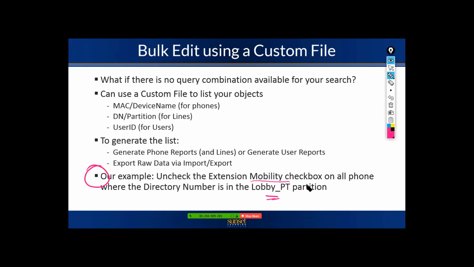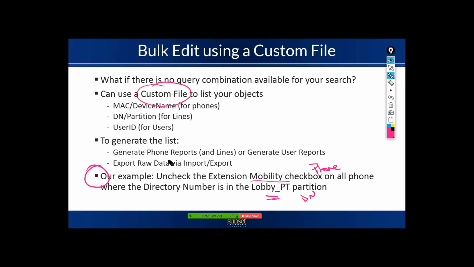What we're going to find is that this is a phone level item, but I need to do a search based on the DN, and there is no combination that allows me to find that. So how can I create a list of MAC addresses of objects that I want to change based on some other criteria? What we're going to do is create a custom file.